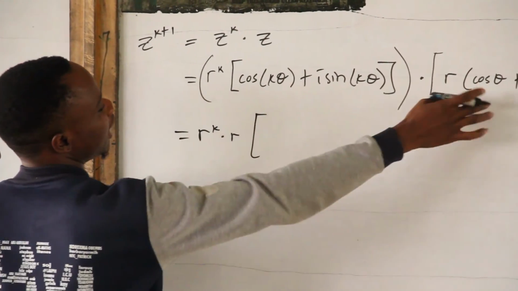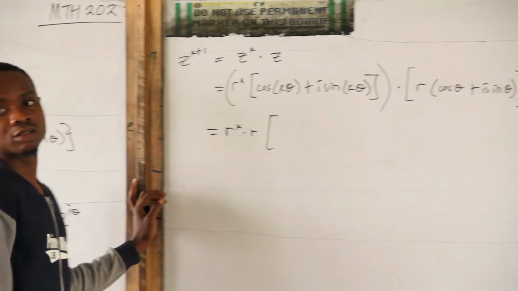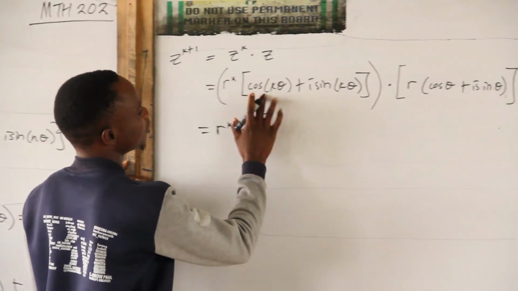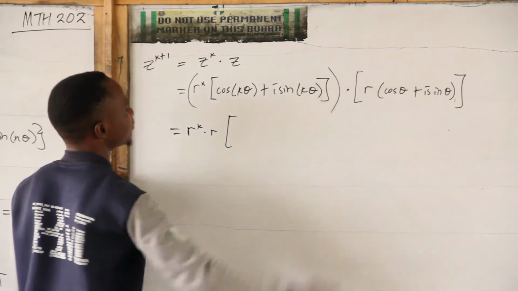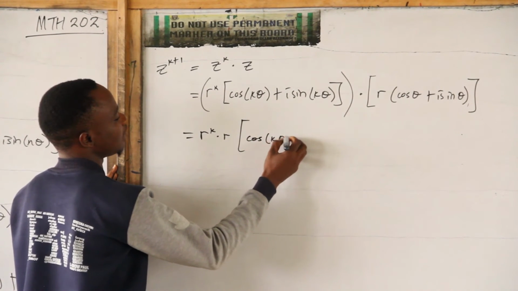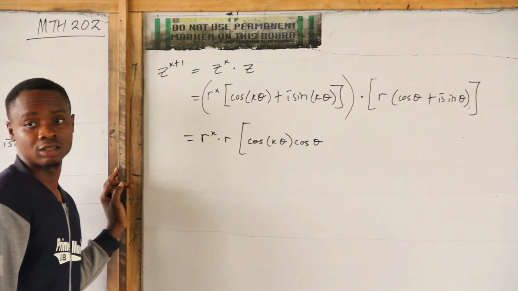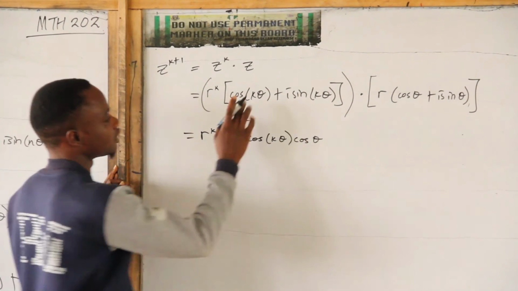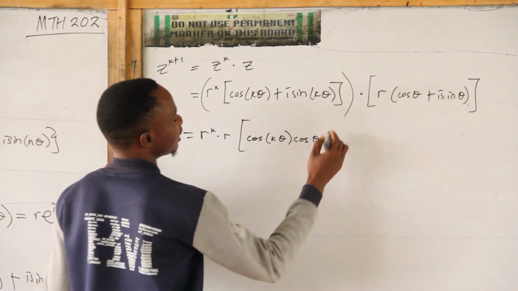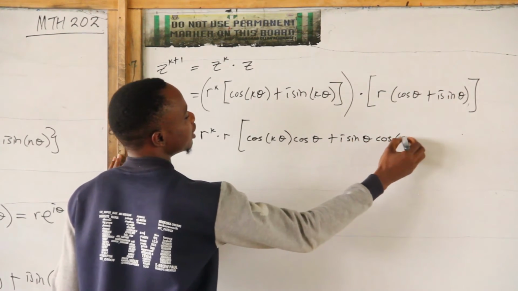Then I'm going to have this multiplied by what I have here. So multiplying this by this, what does it give us? So to open that bracket, I'm going to have cos k theta multiplied by cos theta. Does that make sense? Is it clear? Alright. Then this multiplied by this, that will be plus i sine theta cos k theta.